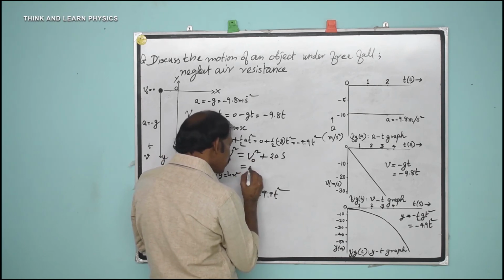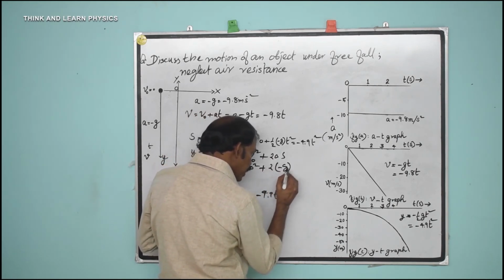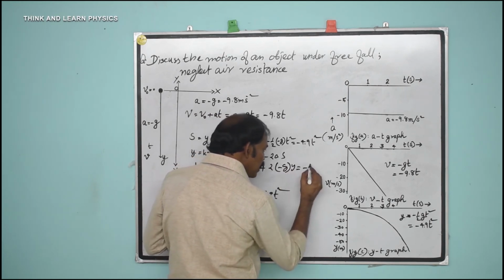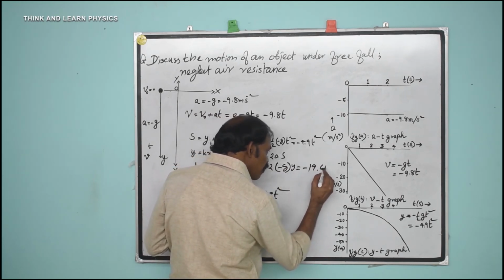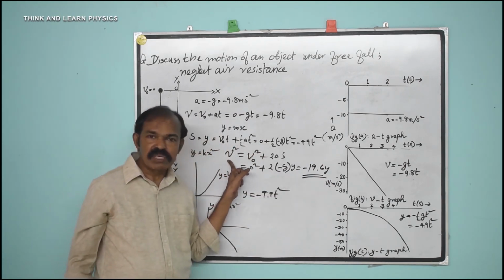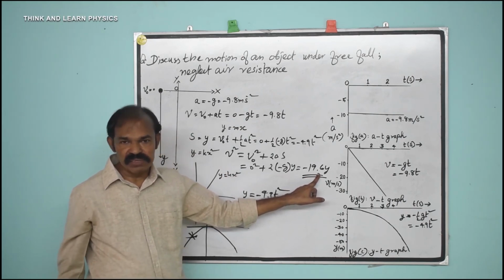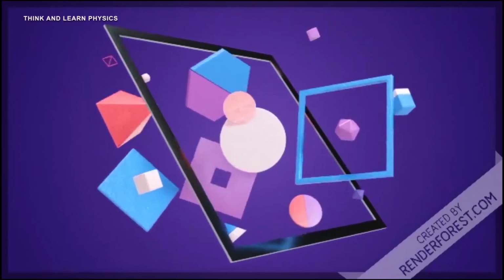That means this is 0 square plus 2 into minus g into y, or it is minus 19.6 y. This will be the relation between the velocity and the position coordinate of the object as it falls under gravity.